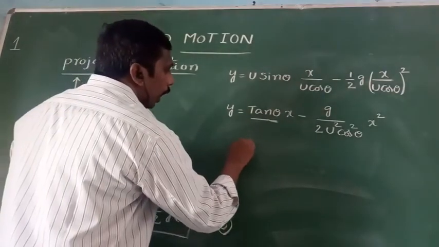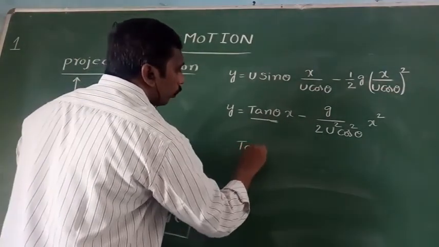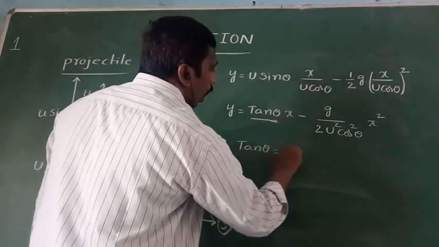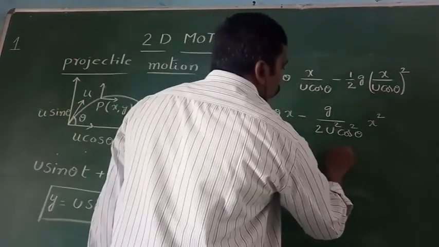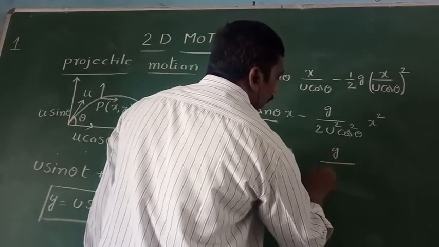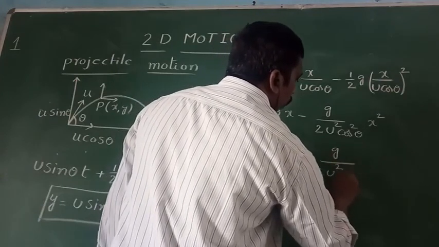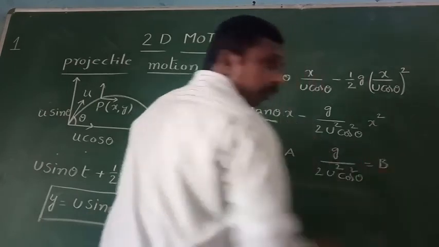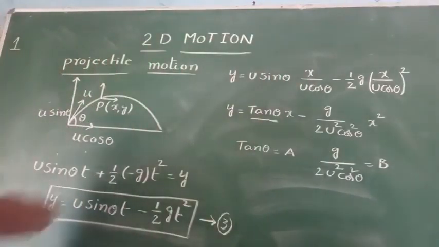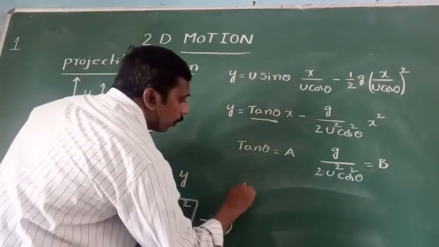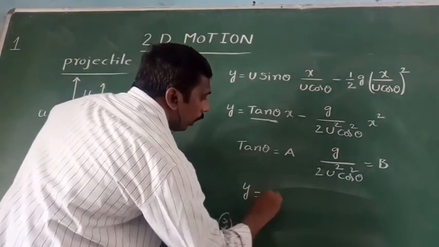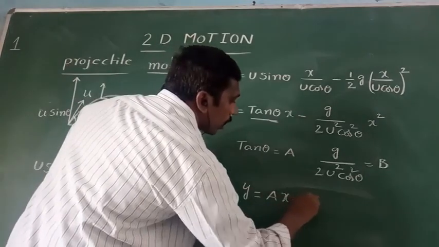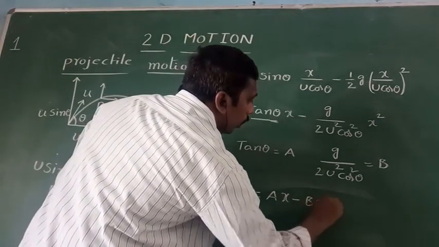Substituting in this equation, we get y is equal to ax minus bx square.